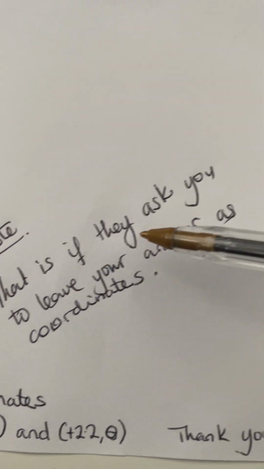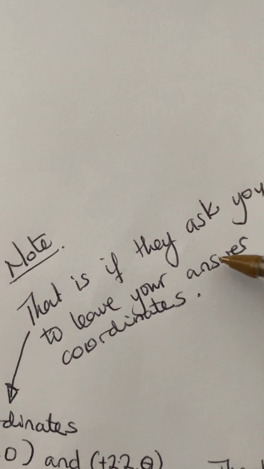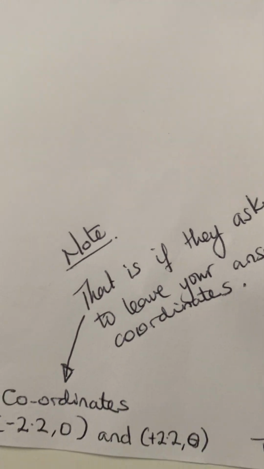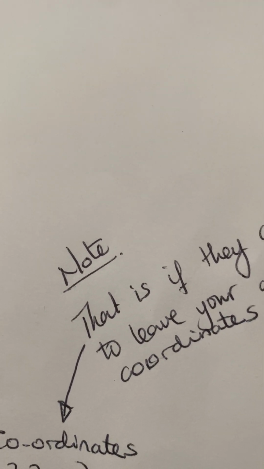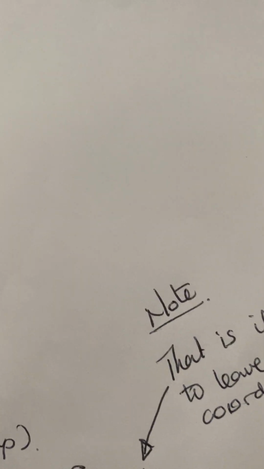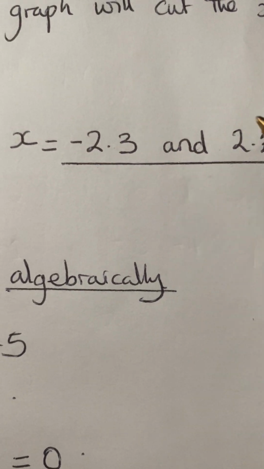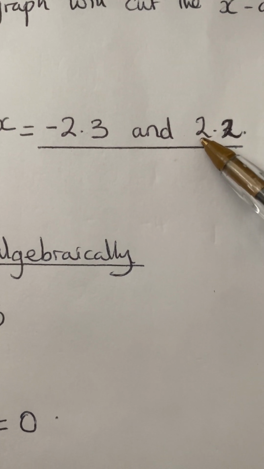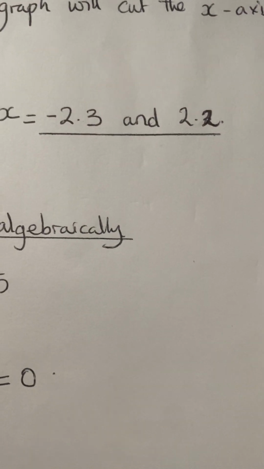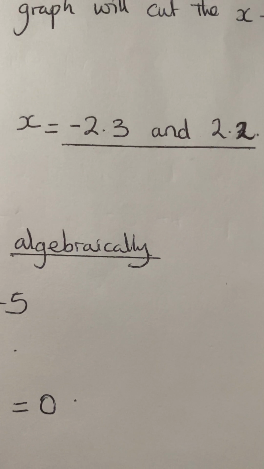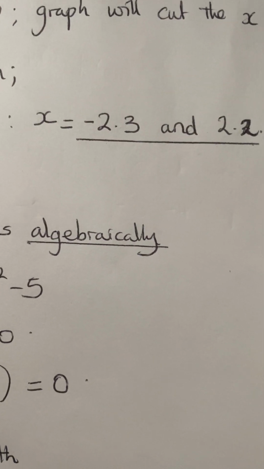Note, this is if they ask you to leave your answer as coordinates. But if they just ask you, like here, write down the values of x, then you go by this, because these are the values of x. If you leave them as coordinates, you won't get the marks. Just put down the values.